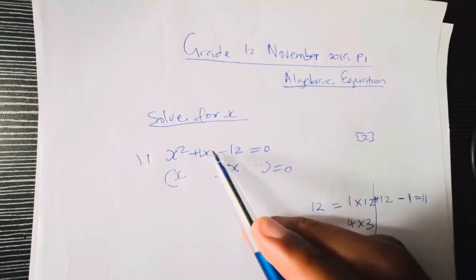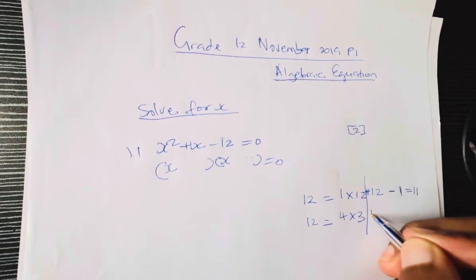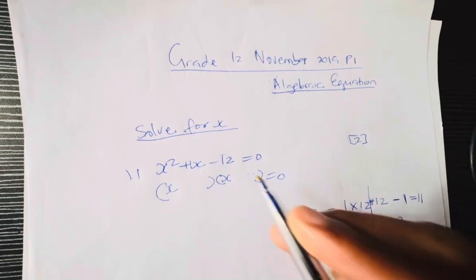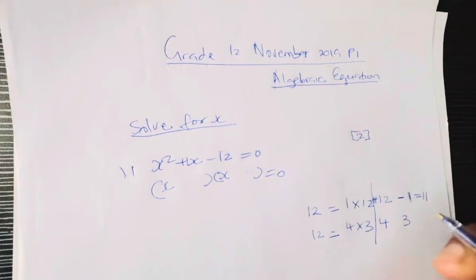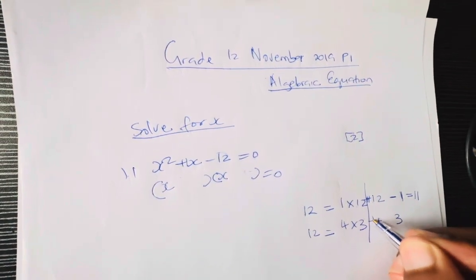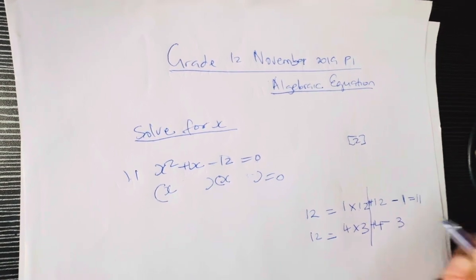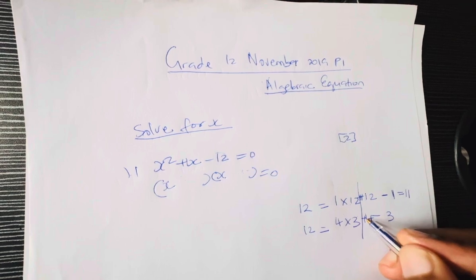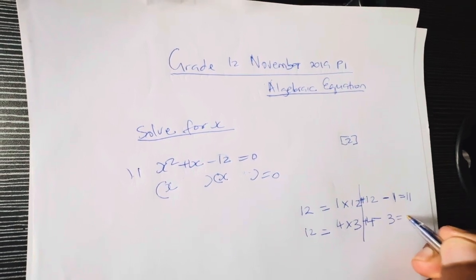Now let's continue to this one. So now we have 4 and then we have 3, right? The bigger factor takes the sign of the middle term. So we have positive here and minus. The small one is minus, right? Therefore, 4 minus 3, you get what? 1.